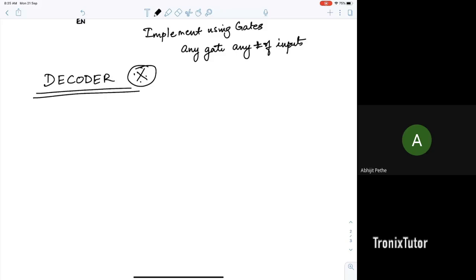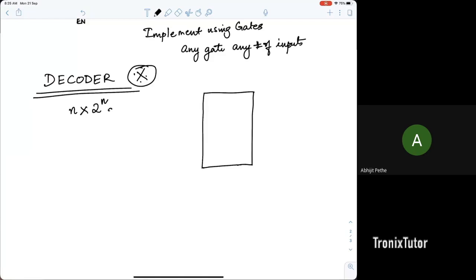Let me first tell you the input-output diagram of the decoder, and then we'll look at some applications. You sometimes think of a decoder as n cross 2 power n. In the most generic case, a decoder is an n cross 2 power n system, which means that it has n inputs and 2 power n outputs.